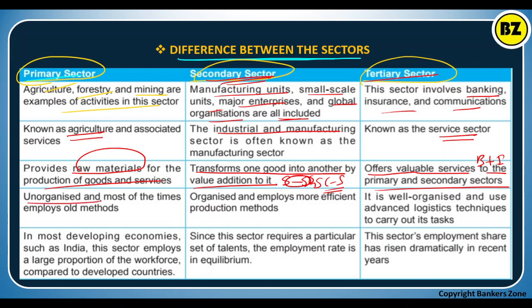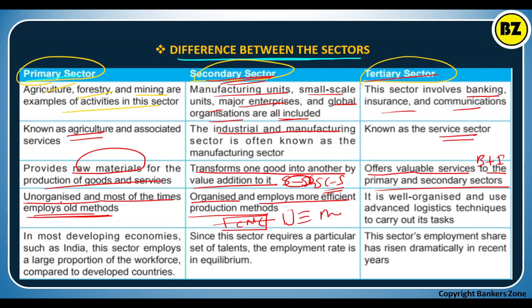Primary is unorganized and most of the time employs old methods. Why? In agriculture, just imagine what methods they are using for cultivation, right? But in the secondary sector, it is organized and employs more efficient production methods. They are using different machinery, CNC machines, and different technology to get more production.